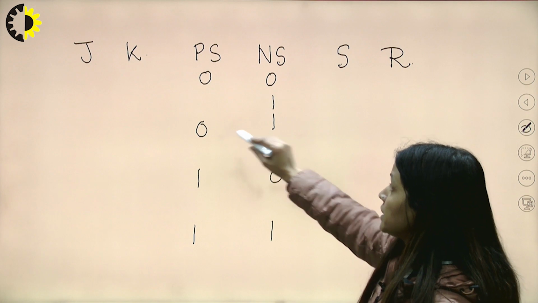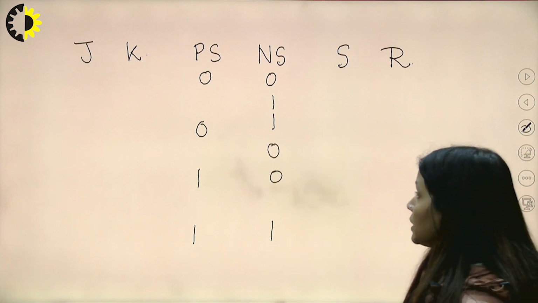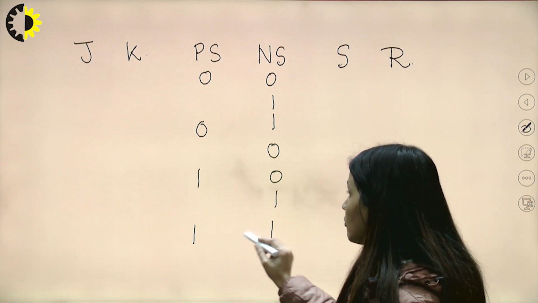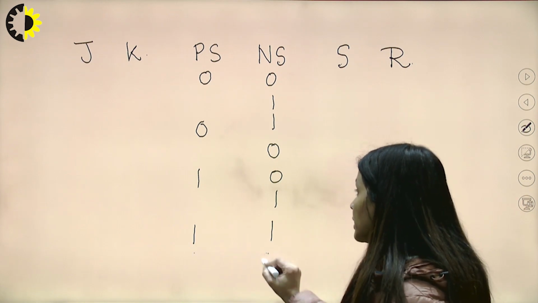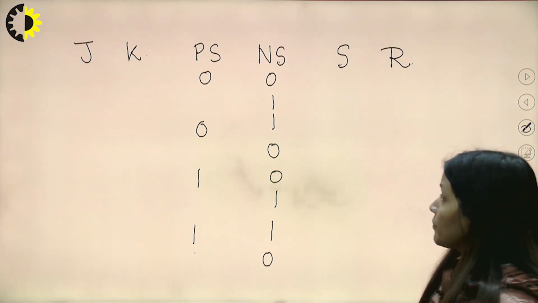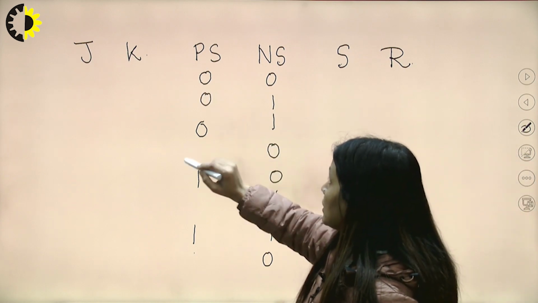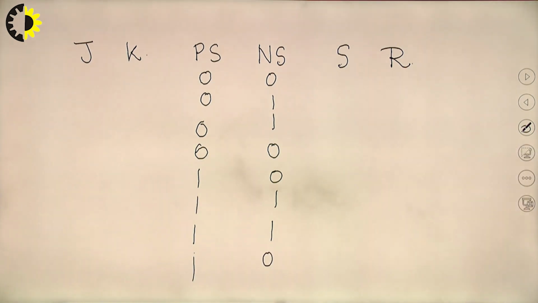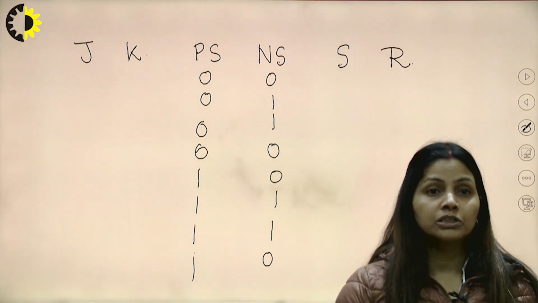If this is 1, then again there are two possibilities, 1 and 0. So this is how we write it: 0 0, 0 1, 1 0, 1 1. So we have 8 combinations. That means for all the present state to next state switching, we have two possibilities.